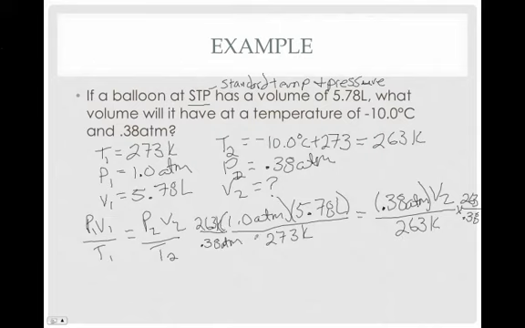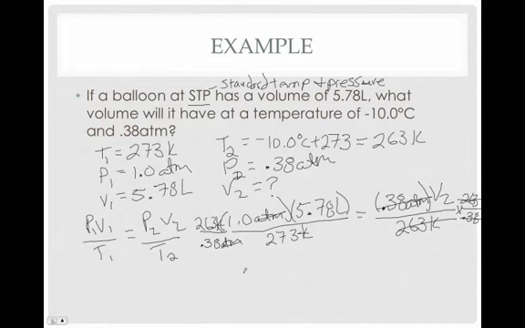So now our 263s cancel out and our 0.38s cancel out. And over here on the left side, our atms cancel out, our Kelvins cancel out, and we're going to be left with liters. So we take 263 times 1 times 5.78 divided by 0.38 divided by 273.